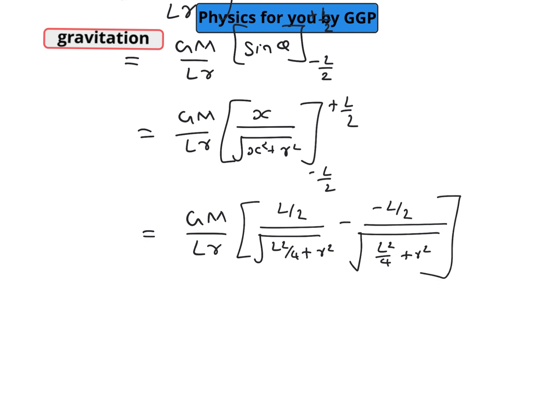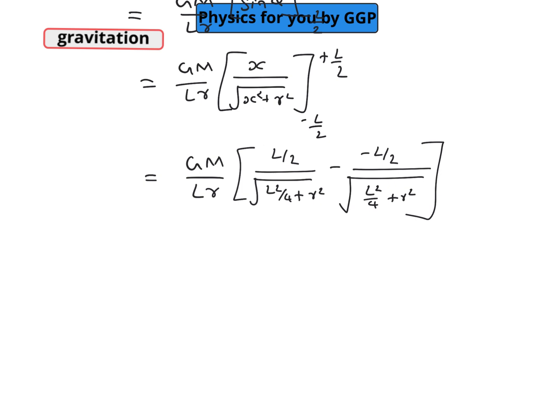The negative becomes plus, so we get 2 times this value. Calculating it, we get 2GM divided by r into under root of L square plus 4r square.